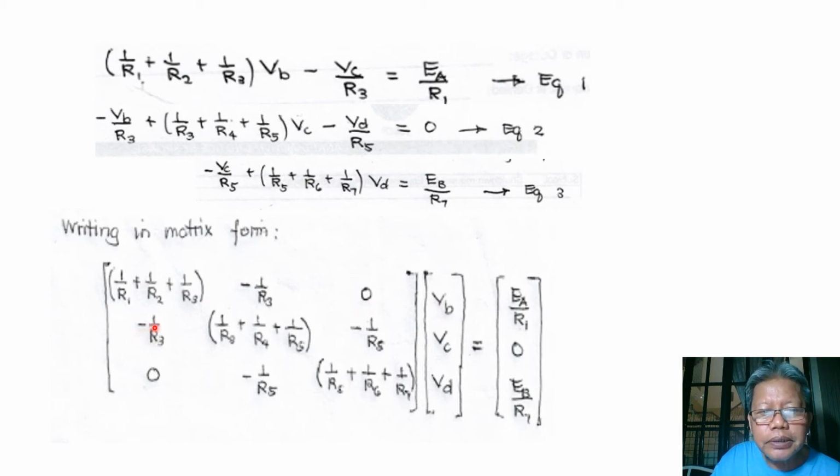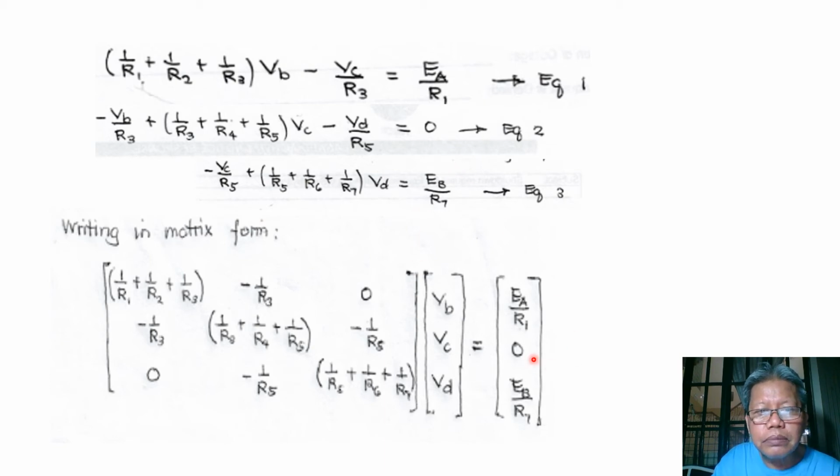So our equation actually is minus V_B over R3, which is this, and then plus this term times V_C, and then minus 1 over R5 times V_D, which is this one, and we equate this to 0 because there is no voltage source connected to C.